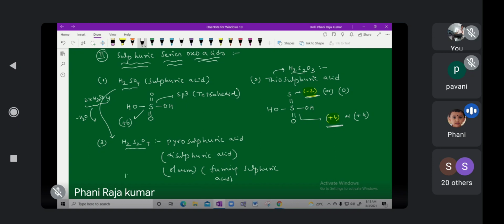This can be represented like this also, H2SO4 and SO3. Oleum samples. In your stoichiometry important part, labeling of oleum sample. But in special cases we have, one is for hydrogen peroxide volume strength, and next one is sulfuric acid representation, oleum representation.